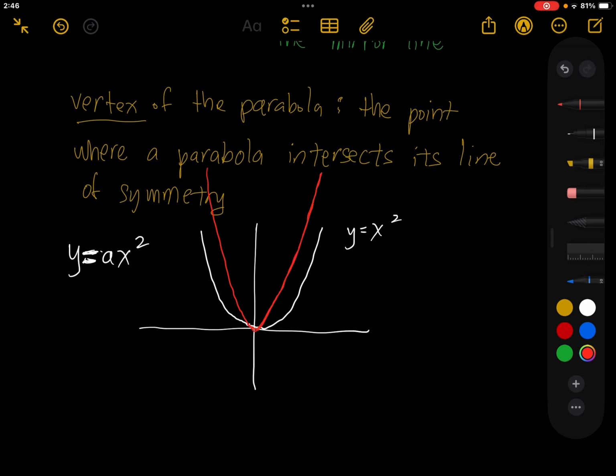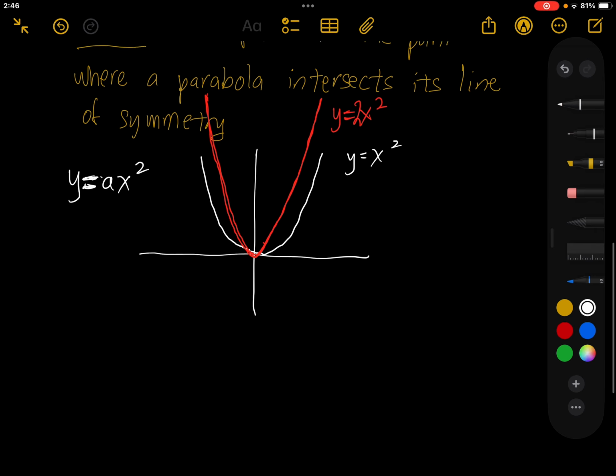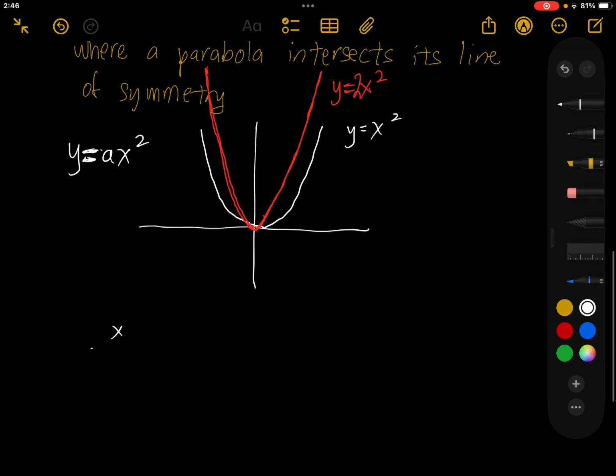It'll still be curved, but it's going to look twice as steep. To get an idea of why that's true, it helps to make a table of values.